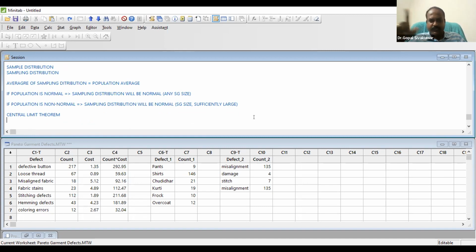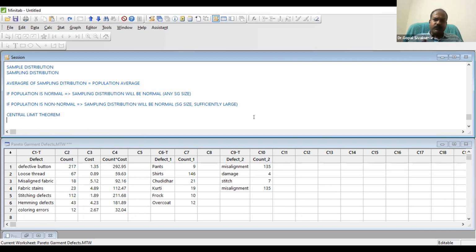In an X bar R chart, what are you monitoring in the X bar chart? Are you monitoring the individual value? No, the average value. Because the tendency for the average to exhibit normality is very high. And if it is not exhibiting, then you will immediately question your team why it is going out. And your question will have a real sense for the business.